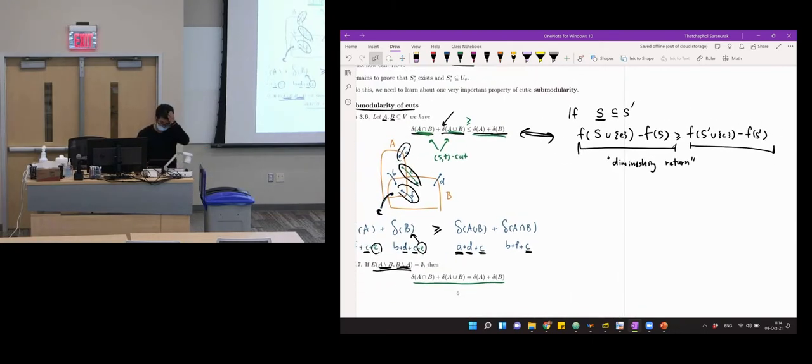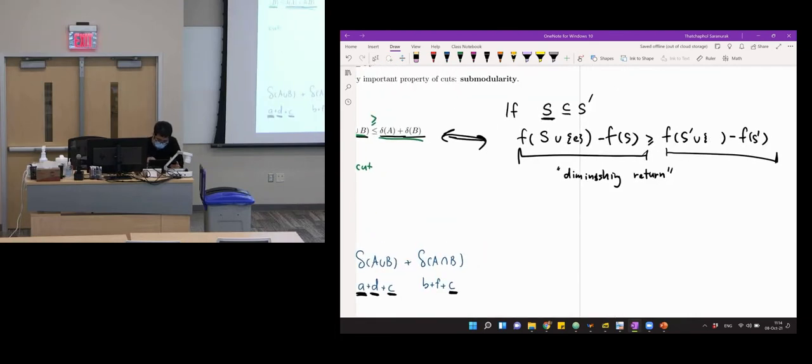And now I guess it's easier to verify that this is the case for cut. Maybe I write it like this.